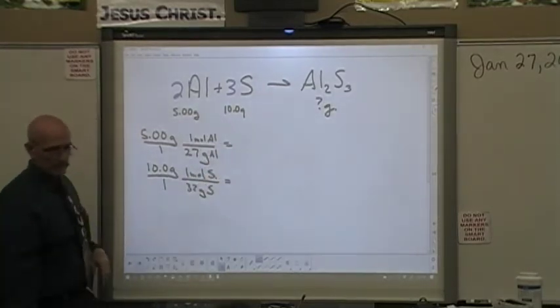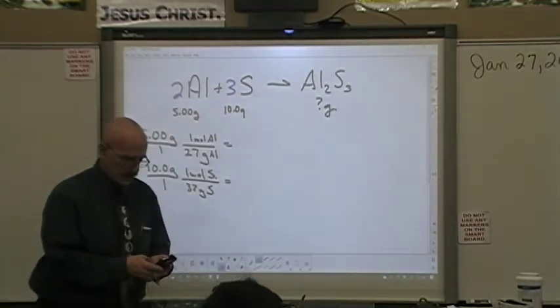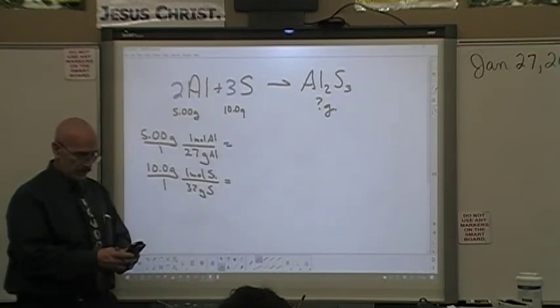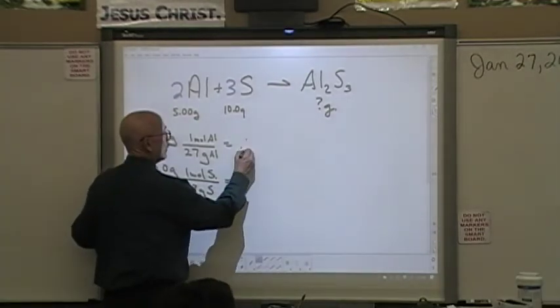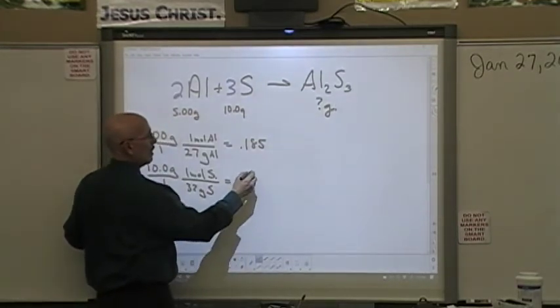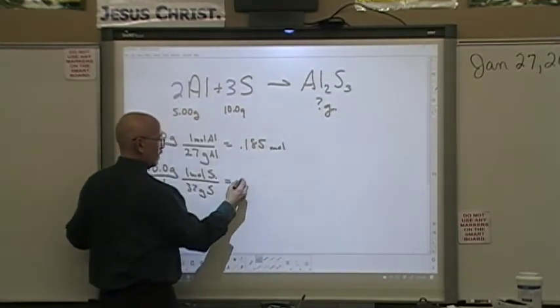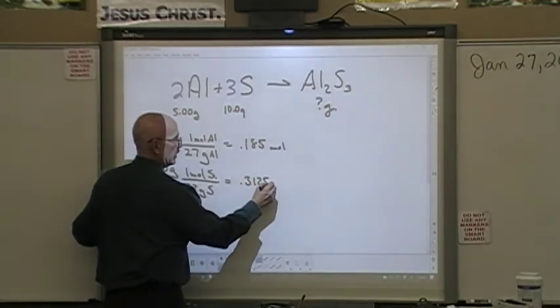Now we have moles, okay? And this one here, 5 divided by 27. What do you got? 0.185. Okay, 0.185. And this one, 0.3125 actually.